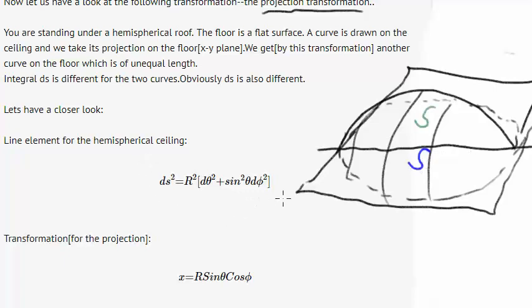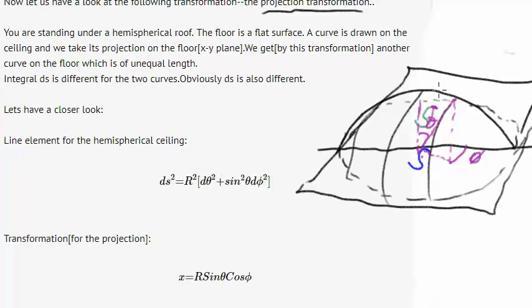So then he says the line element for a hemispherical ceiling is r squared (d theta squared plus sine squared theta d phi squared). So this defines a couple of things: the angle from the roof, I think, is theta. The angle coming this way is phi. So he's going to have the actual length of this path element calculated, just a tiny path element.